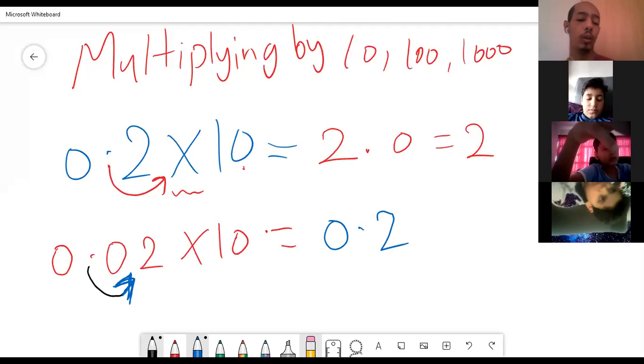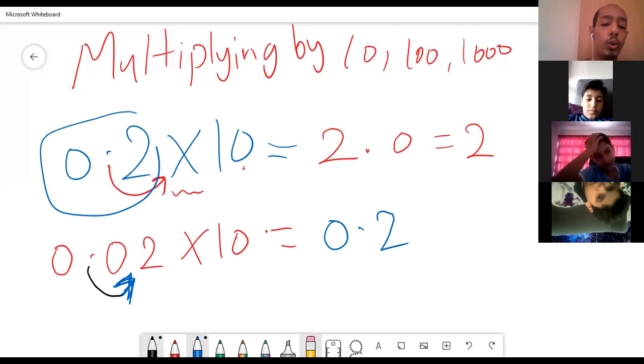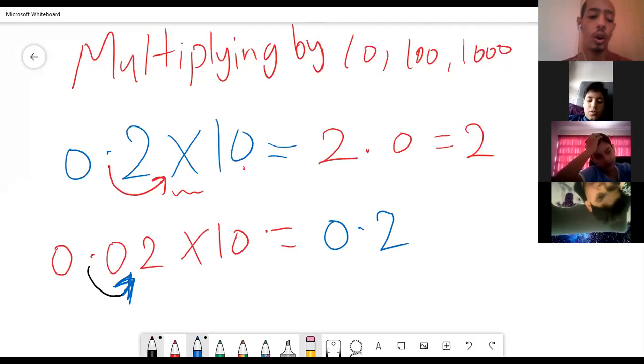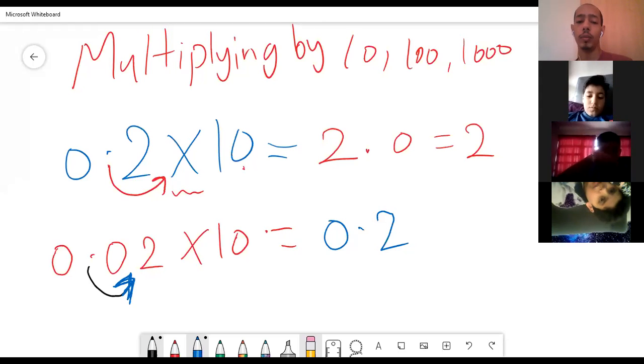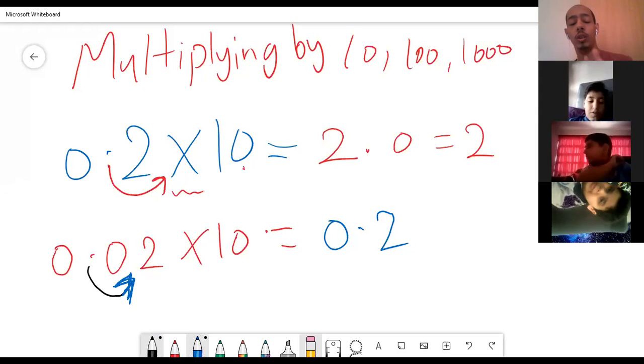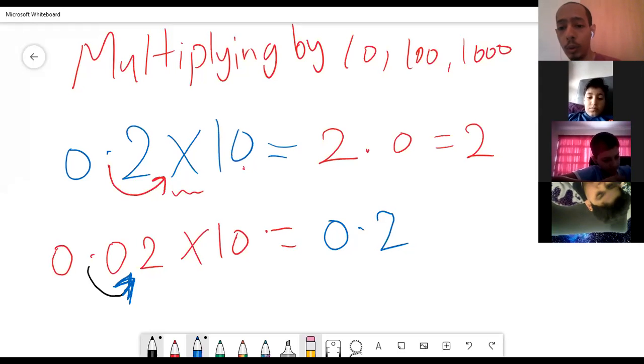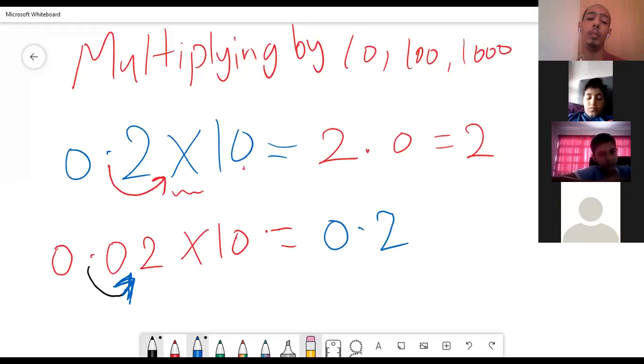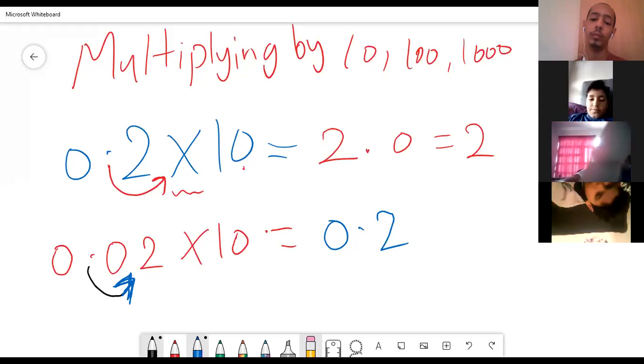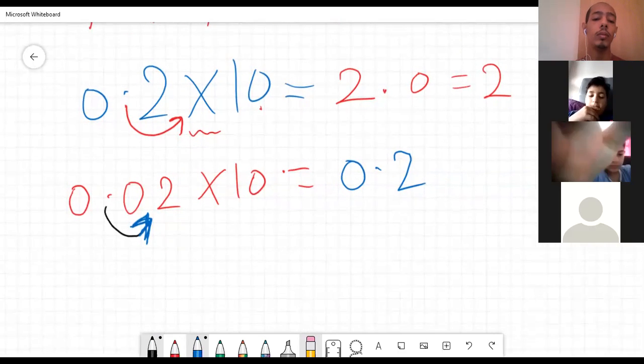Which is bigger, 0.2 or 2? 2. So always when we multiply, we get a bigger number, right? So to make sure of your answer, you have to look at the number you got. The number you got must be bigger than the number you multiplied.